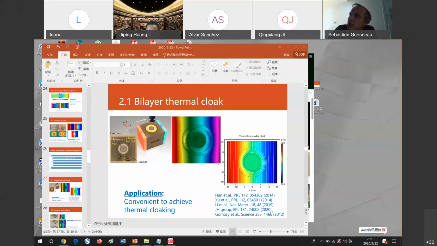What is interesting is that there is one real challenge: to cloak an object in the short time. Essentially, cloaking deteriorates at early times, and it improves when you get close to the steady state regime.